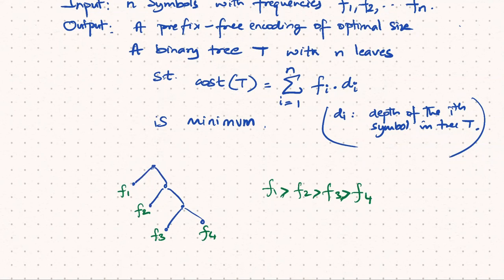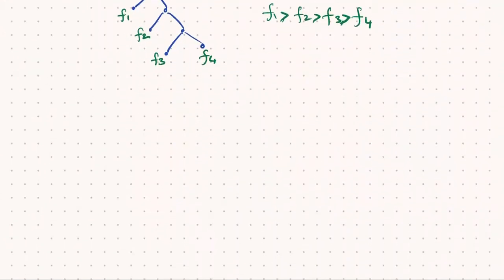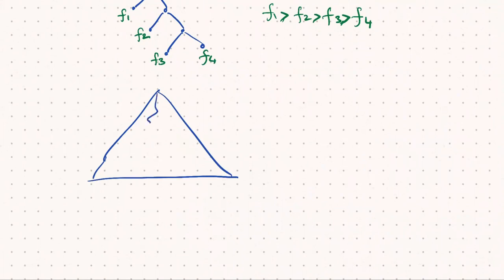Okay, so in this case this turns out to be the best way to position the symbols. The reason for this, you could formally argue using an exchange argument. Consider 2 trees. Let's say one of the symbols here has frequency F1, and you consider some other symbol here with frequency F2.